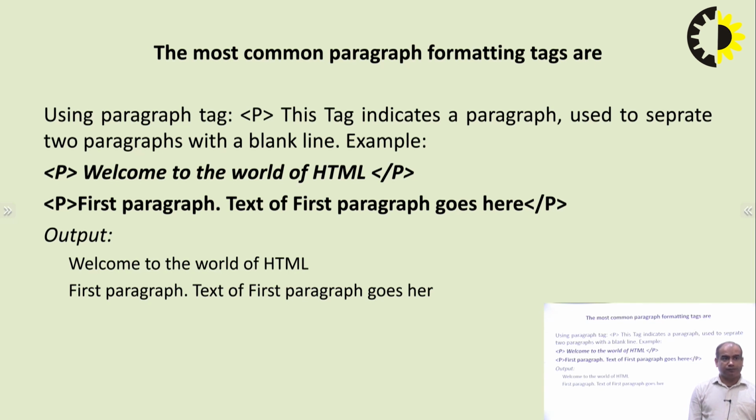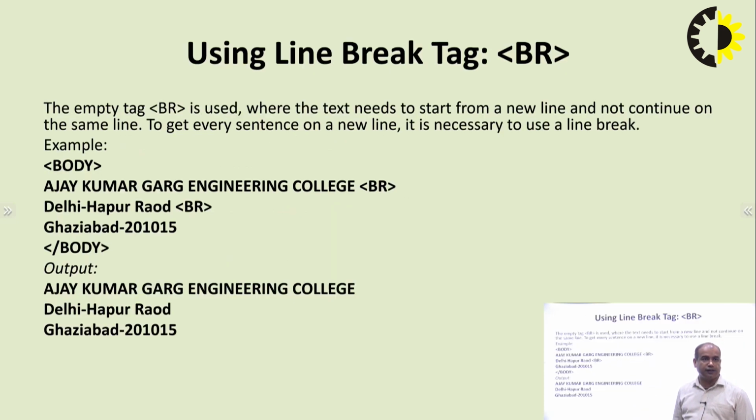For example, I write the first paragraph with the P tag, welcome to the world of HTML, and end the P tag. Next I write another P tag, the text of the first paragraph goes here. These are the two paragraphs that are going to be created.